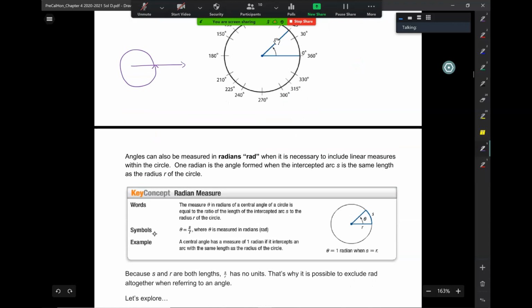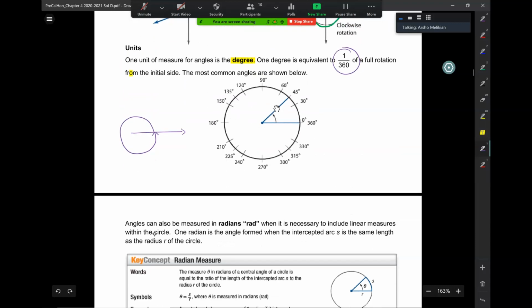Now, if you look, you know how the degrees are oriented in a circle. You have 0 degrees here, and then we know that if I go half the circle, I've gone 180 degrees. And then full circle is 360 degrees. Now, this is going to be important when we talk about radian.